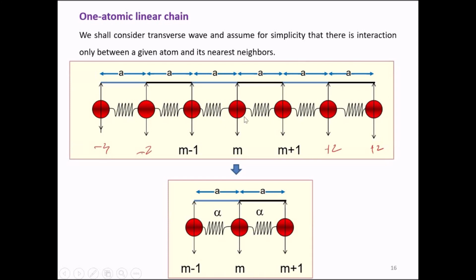If we consider the vibration property of this atom m, and want to know how atom m vibrates, we have to consider the interaction of the other atoms, m plus 1, plus 2, plus 3, and so on, acting on this atom.